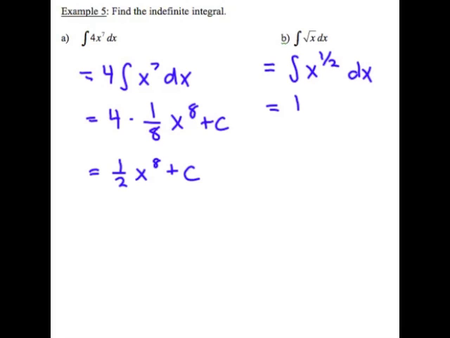And we have 1 over 3 halves times x to the 3 halves plus c. And of course, when we divide by a fraction, we flip and multiply, so we get 2/3. Let's check it. When you bring that 3 halves in front, the 3 halves and the 2/3 actually cancel out completely. We reduce the power by 1, and we're left with x to the 1 half, which is exactly what we want.